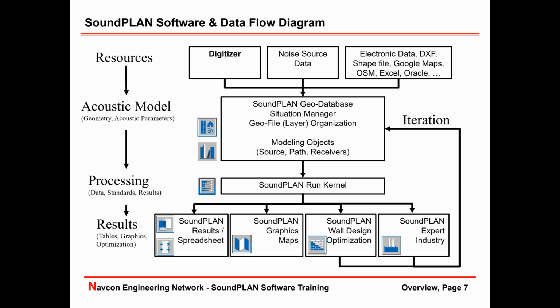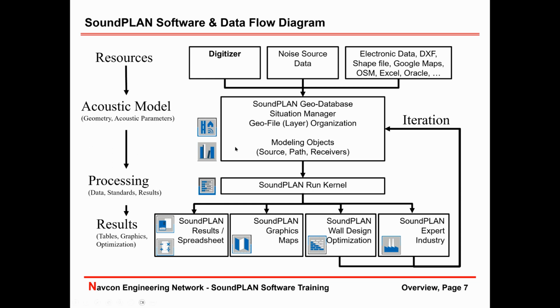And the geo-files we can compile into different situations, so we can have multiple names of different scenarios or situations in a project, like existing, future with noise control, or with different roads or different traffic or whatever combination we want to analyze or simulate. Then, of course, we have other objects that define the path and the receivers. So this is a big chunk of the software development: the development of the acoustical model in terms of the geometry and the acoustic parameters.